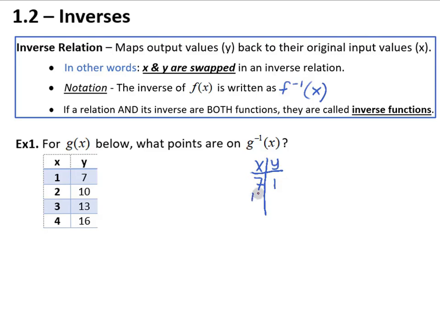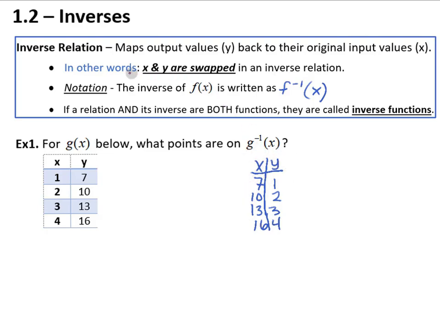I want to be able to plug in 10 and get back the value of 2. And of course, I want to be able to plug in 13 and get back a value of 3. And I want to plug in 16 and get back a value of 4. Okay, so the inverse g of x should look like this.